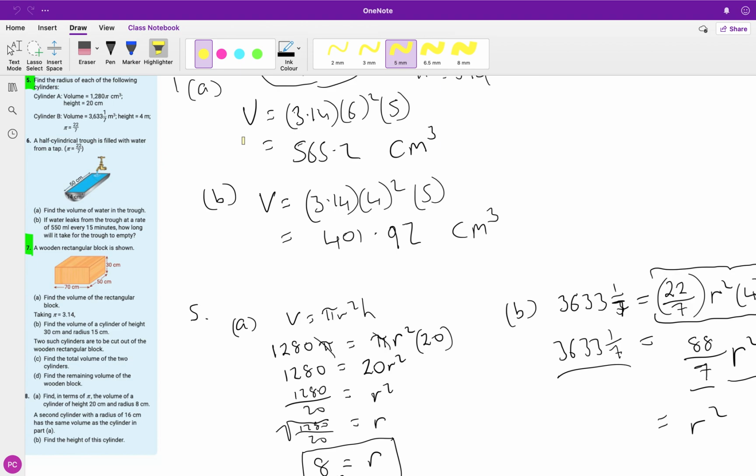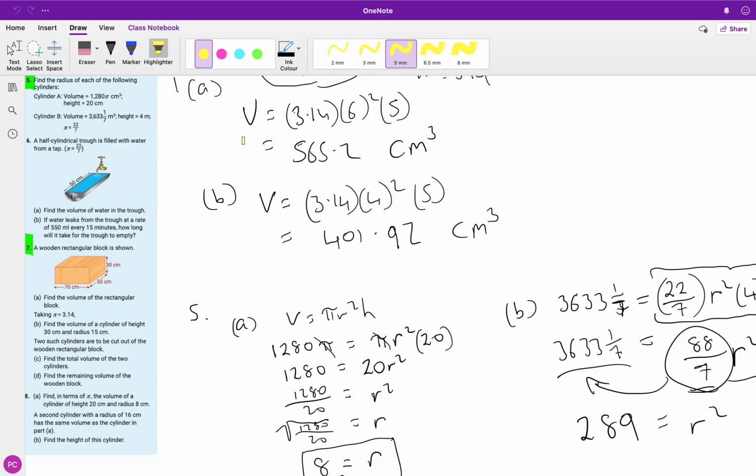And what I'm going to do is divide this into this, which is going to give me 289. So it's just a big arithmetic sum. 88 over 7, or you can put that into a decimal if it makes it a bit easier, and you're going to divide that into 3633 and a 1/7.